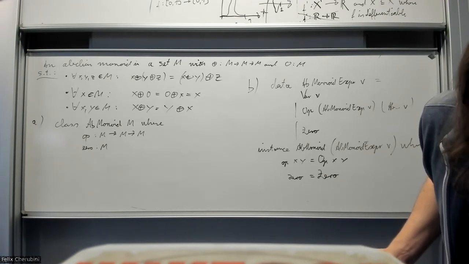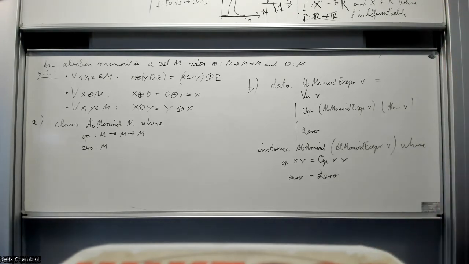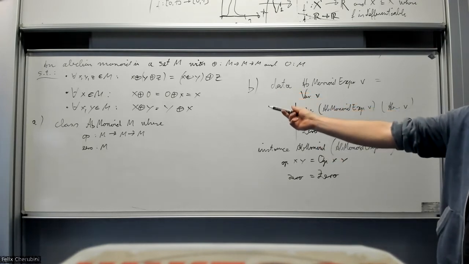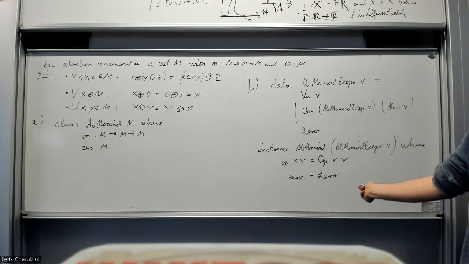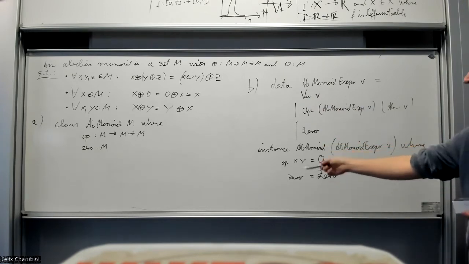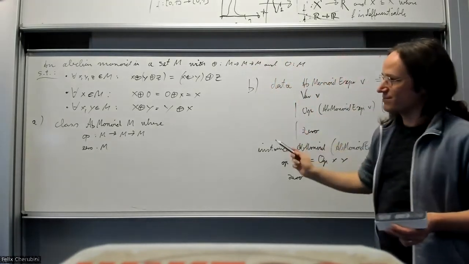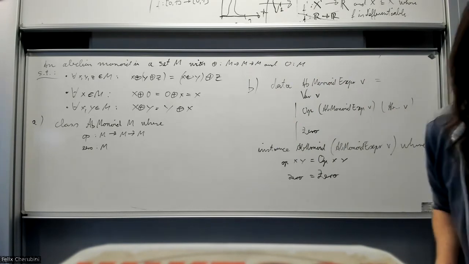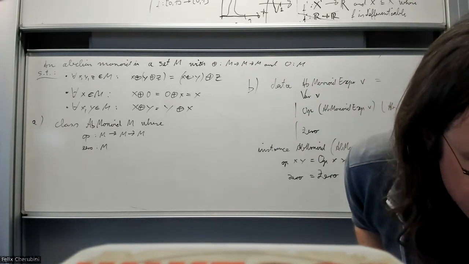What's maybe a bit lame about this is if you derive Eq, this won't satisfy this equation. So it's not an abelian monoid. It's just an instance of this type class, which has this raw structure here. Okay, but doesn't matter. So the next thing asks us to find instances.